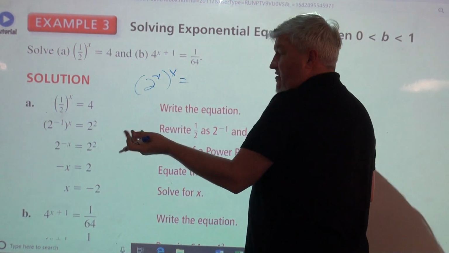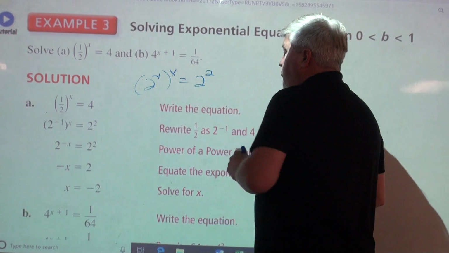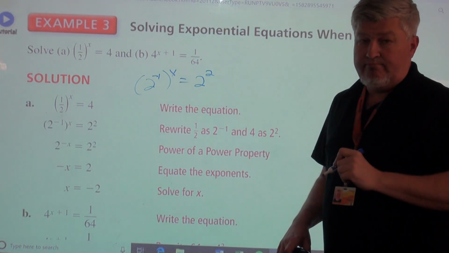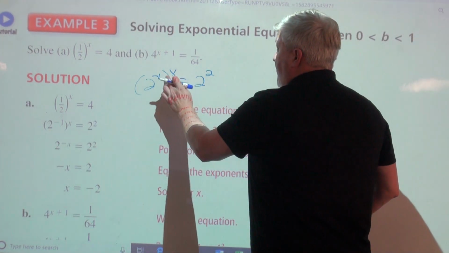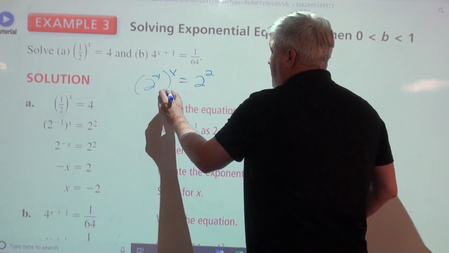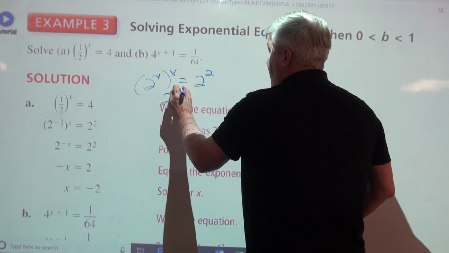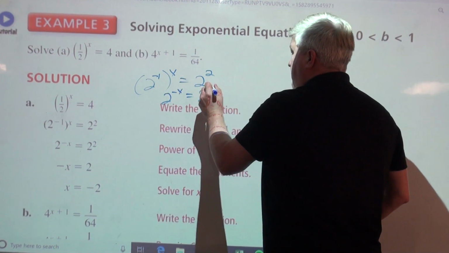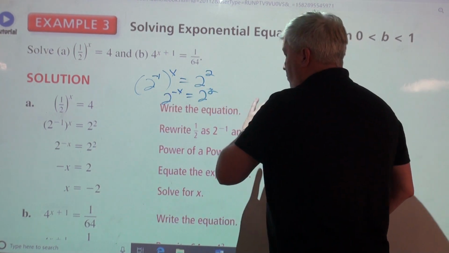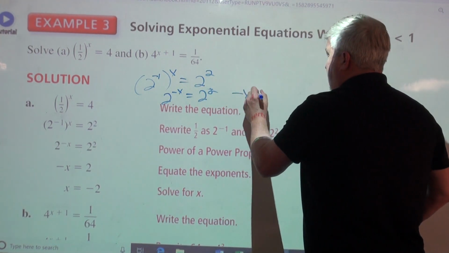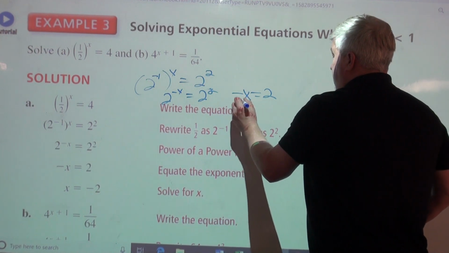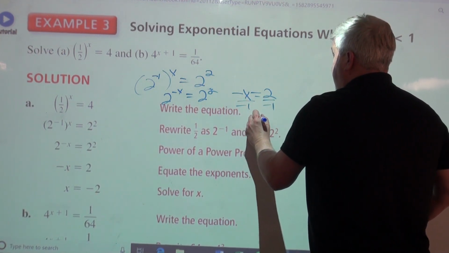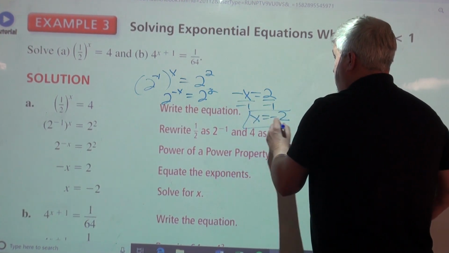We want like bases of 2 equals 2 squared. Now I multiply these together. Negative 1 times x, so it's 2 to the negative x equals 2 squared. I have like bases, I get rid of the bases. I have negative x equals 2, divide by negative 1, x equals negative 2.